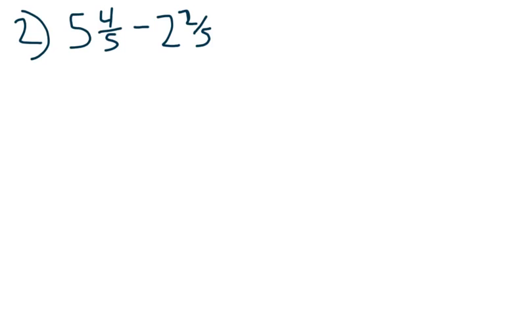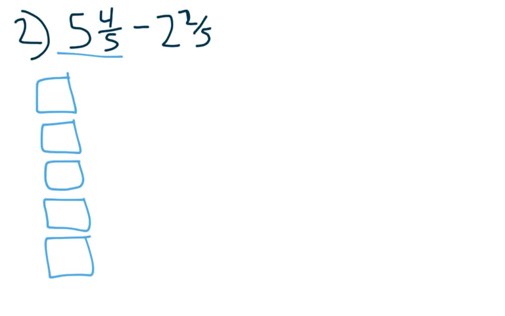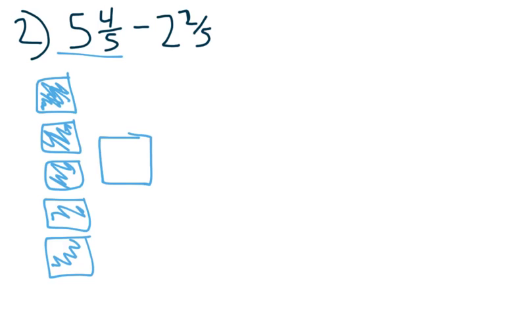Let's do another example. This time we have 5 4/5, so I'm going to need 1, 2, 3, 4, 5 squares, shaded in to show that they are whole numbers. But then I'm going to need a sixth one, and I have to break it into 5 parts, so that's going to be a little harder to do. So let's see, 1, 2, 3, 4, 5.